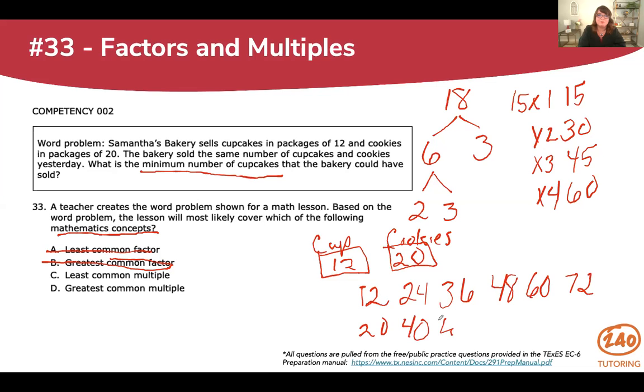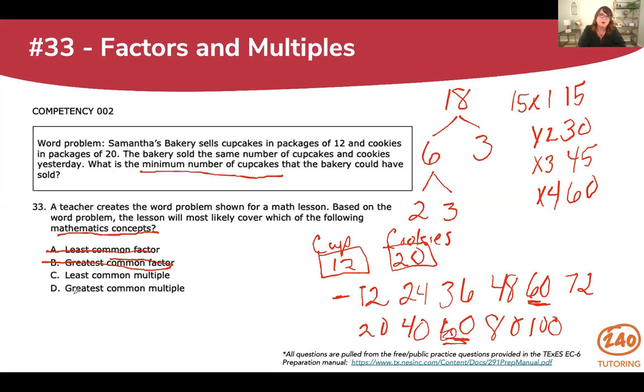I'm at the end of the day and my pen has decided it's had enough. 60, 80, 100, and I could keep going. But it said, what's the minimum number of cupcakes? So our common multiple here is 60. That would be our answer. So we're looking for that least common multiple.